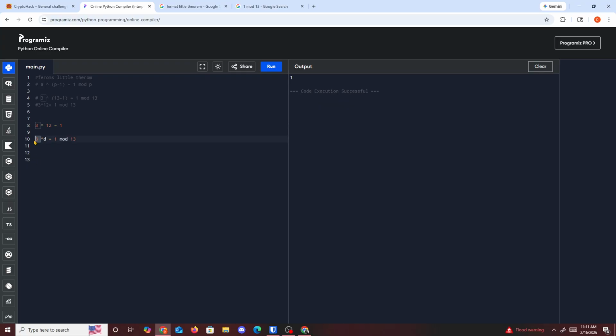So what if we put this inside this one? Because this is basically, it's going to be 1 is equal to 3 to the power of 12 times 3 to the power of negative 1, and that's going to be 3 to the power of 11.